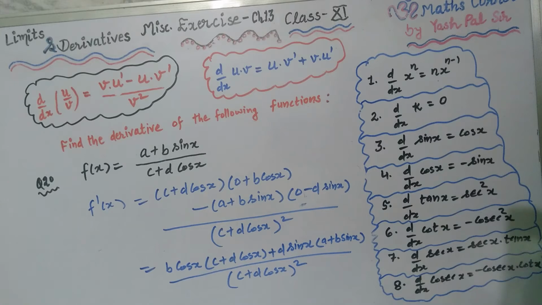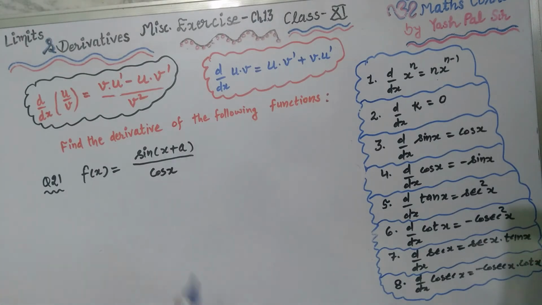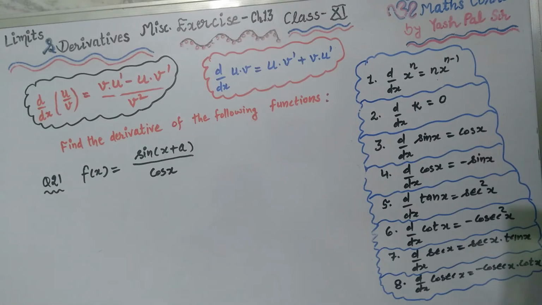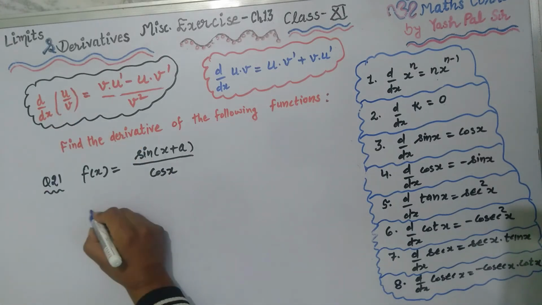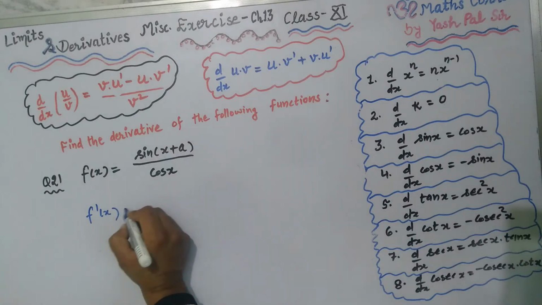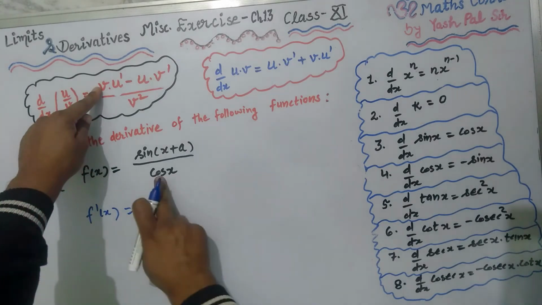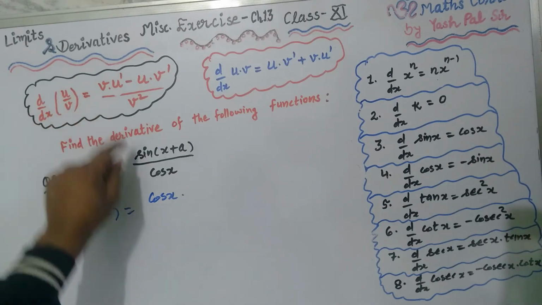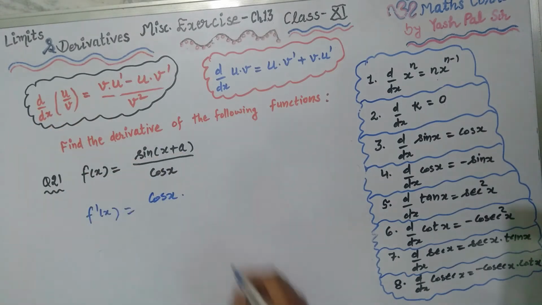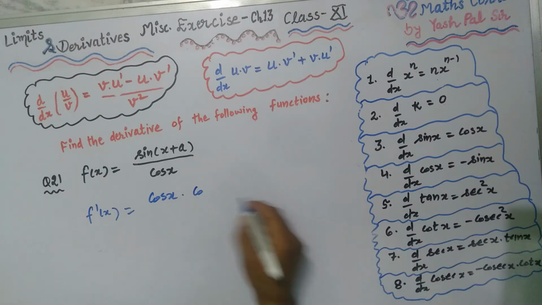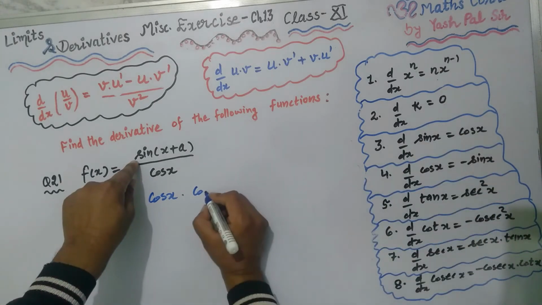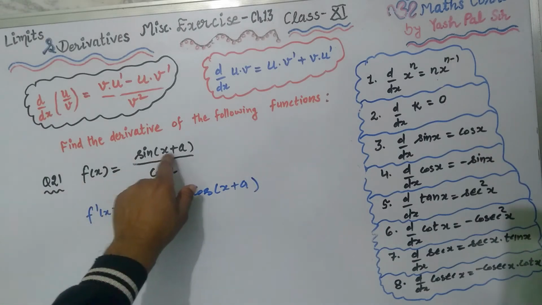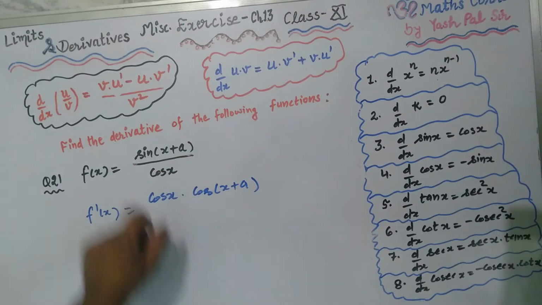Now next question number 21. f of x is equal to sin x plus a upon cos of x, u upon v. So f dash x is equal to v, this is cos x, into u dash. Sin x plus a, its derivative is cos x plus a. Chain rule says again derivative of x plus a, which is 1.